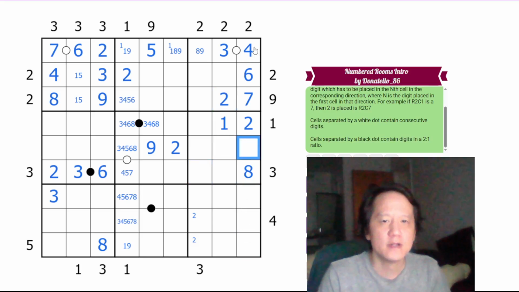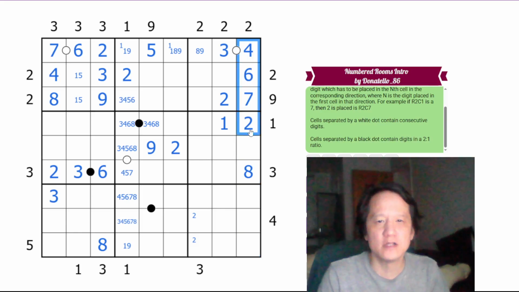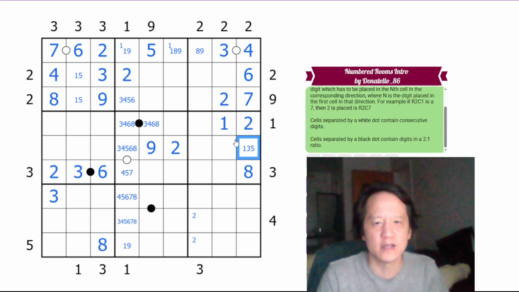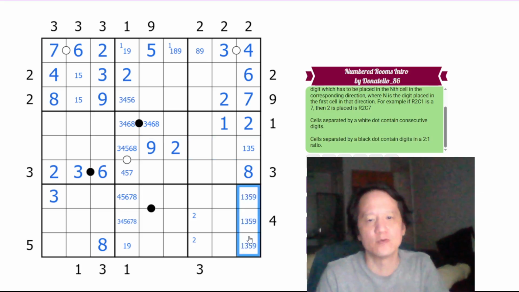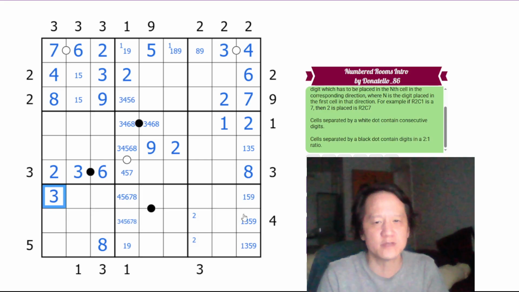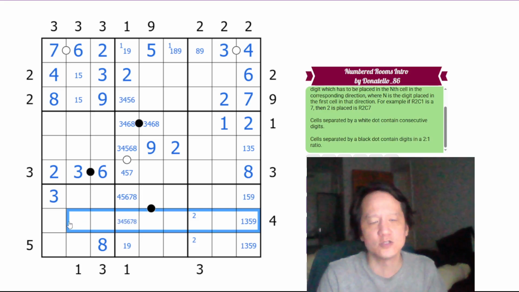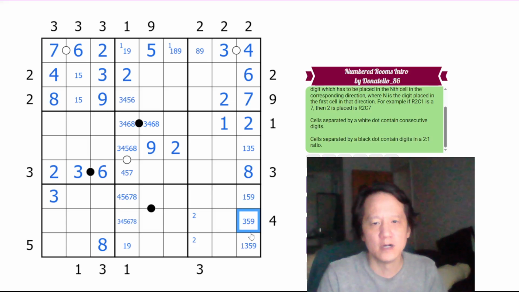Okay. Now, let's look at column 9. What are the remaining digits in column 9? We have 1, 3, 5, and 9. But this can't be 9 because of the 9 in the row. This is 1, 3, 5, or 9. But this can't be 3 because of that 3. 1 again cannot be here because it's next to a numbered rooms clue, which is not a 1. 4 could be in the 3rd spot, the 5th spot, or the 9th spot.